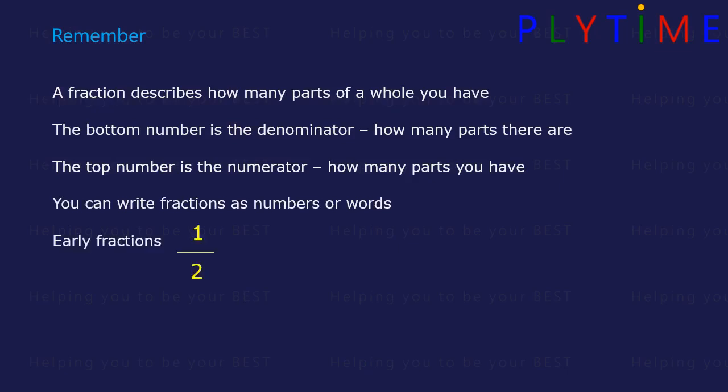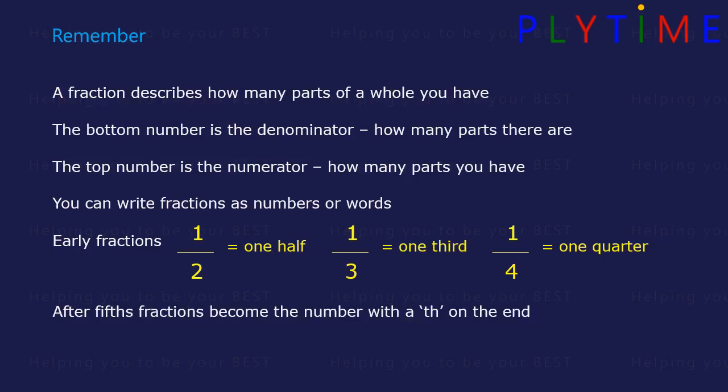Early fractions are 1/2 is one half. 1/3 is one third. 1/4 is one quarter. After fifths, fractions become the number with a th on the end. 1/5 is one fifth and 1/6 is one sixth.